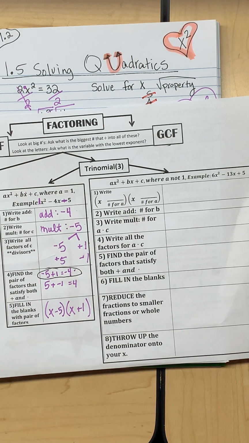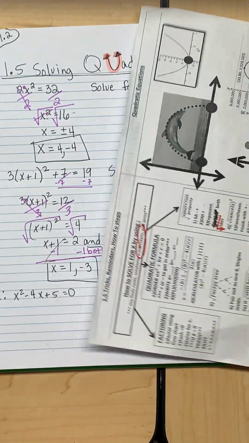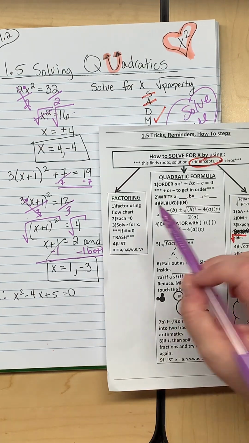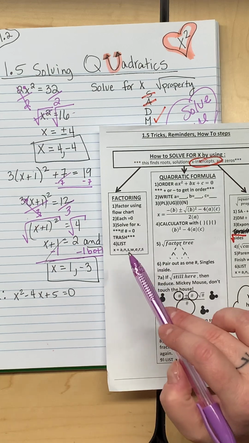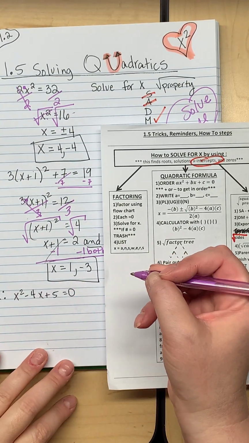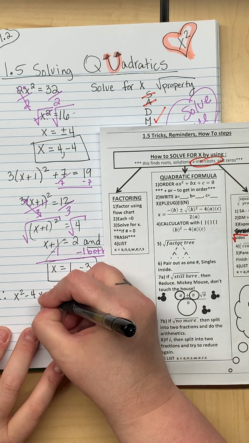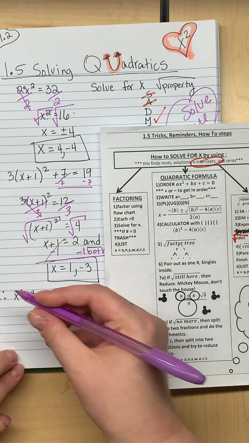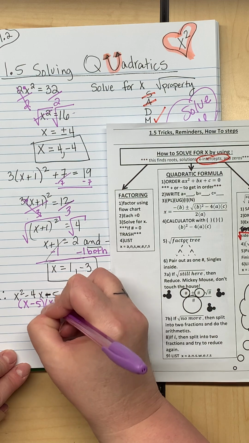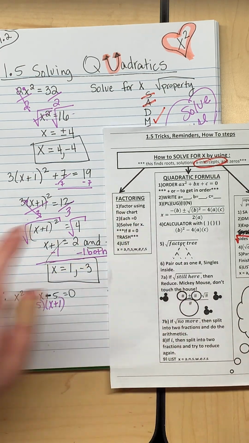Okay, so now let's go back to our actual problem and look at the how-to steps. We were supposed to solve by factoring, and it said, step 1, factor using the flow chart. Well, we did. We got, oh, and this was supposed to be a minus sign, there was a typo, parentheses x -5, parentheses x + 1. Second step says set each little chunk equal to 0.